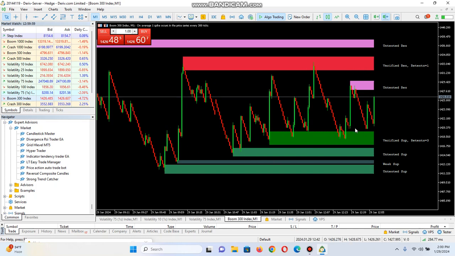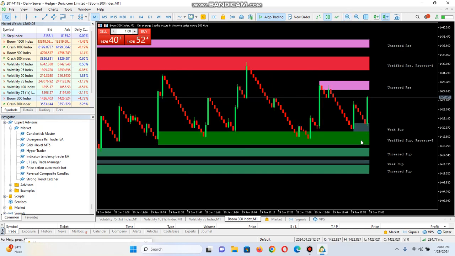Just like I said, when price hits any verified zone, it is bound to react. You see, a weak support has just come here to support the force, to make sure that these sellers couldn't go below or even get into the verified point.